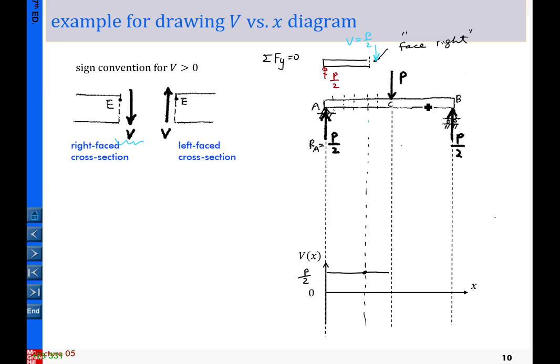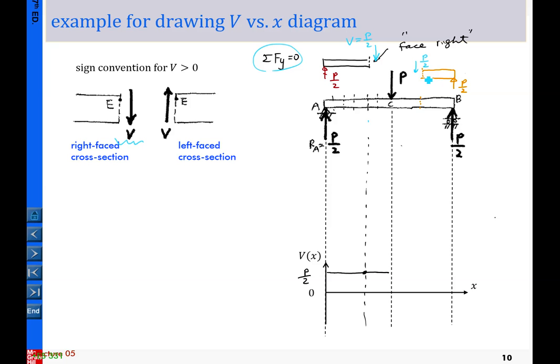Now let's move to the other segment. Say between C and B, let me pick this section, and to ease the calculation, let me pick this portion as my free body diagram, because that involves fewer loads. And here this is the P over 2 given here. Again we use the equilibrium equations, and then we know that should be P over 2 and downward to be in balance with this one. Now the next step, we check the direction against our sign convention.